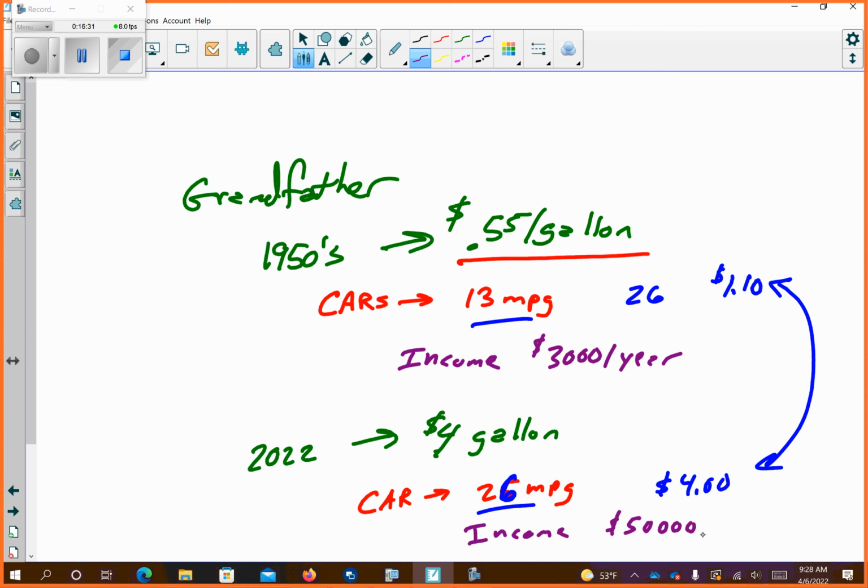So in reality, in order for us to have the pinch of what this was, even though this looks absolutely fantastic, in order for us to have the equivalent amount, because you're getting 13 miles per gallon average back then, you're getting 26 miles per gallon average now, you go from an income of $3,000 a year to an income of $50,000 a year.